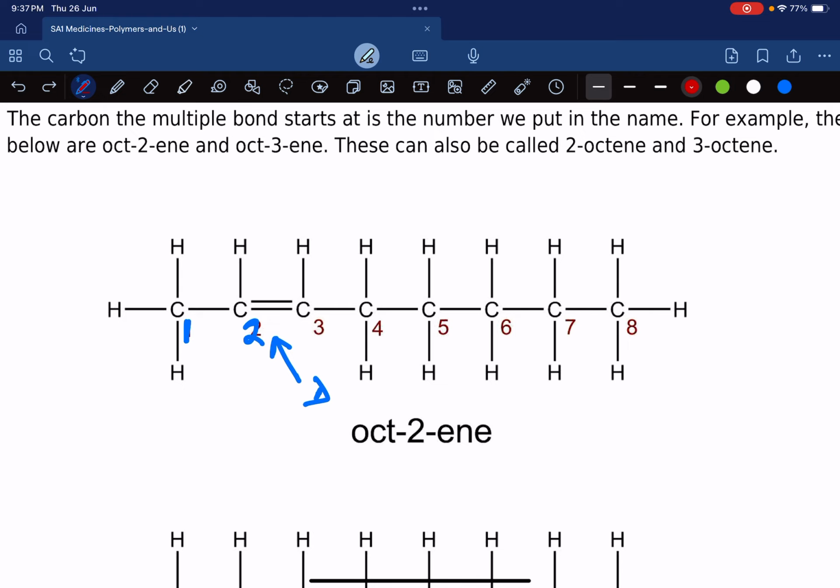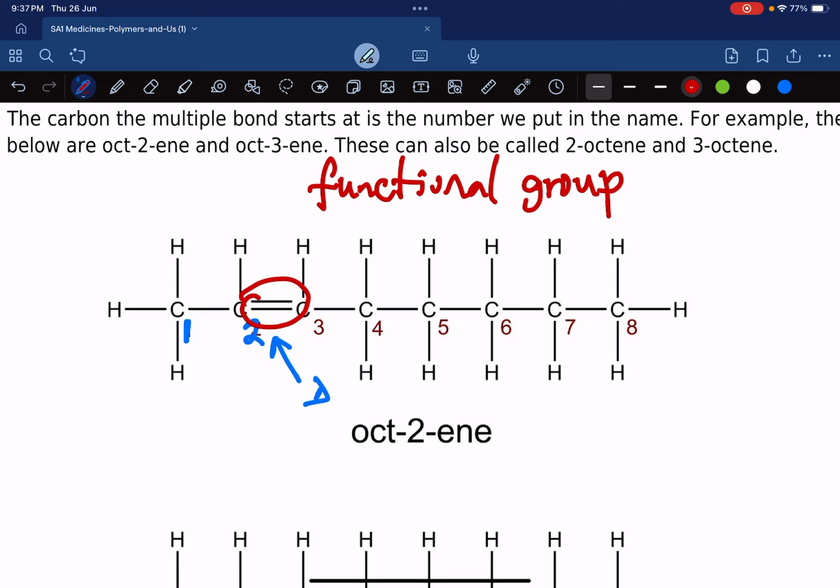When it comes to anything with a functional group, like in this case, this is called the functional group. You may have heard this in high school. The functional group is the part of the molecule which is responsible for chemical reactions. All chemical reactions associated with that family member happen at the functional group.